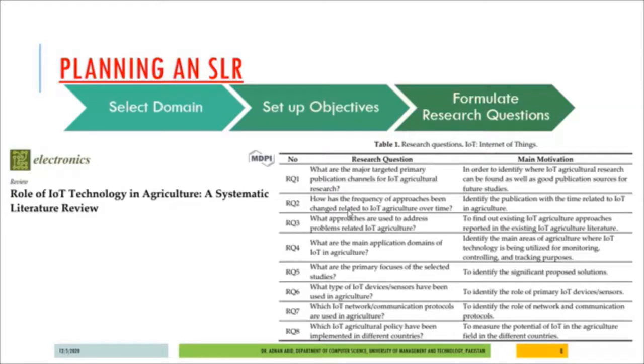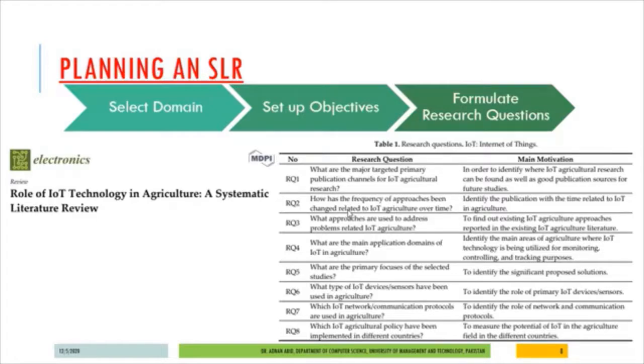So if everything is clear and we are good to go, then we do these three things. We select a domain, we set up objectives, and we formulate research questions. Objectives and motivations are actually materialized by formulating the research questions.